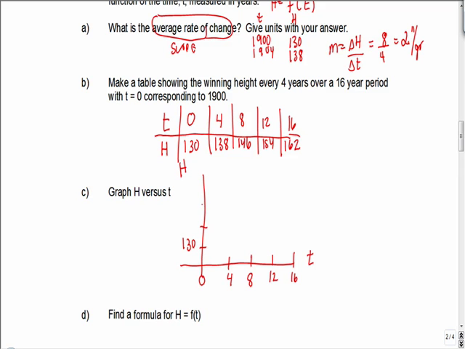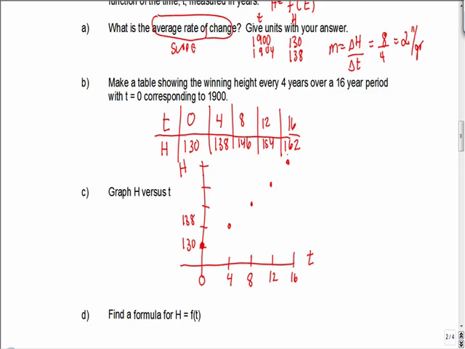So there's 138, 146, 154, 162. And so what I have is 0, 130, 4, 138, 8, 146, 12, 154, and 16, 162.